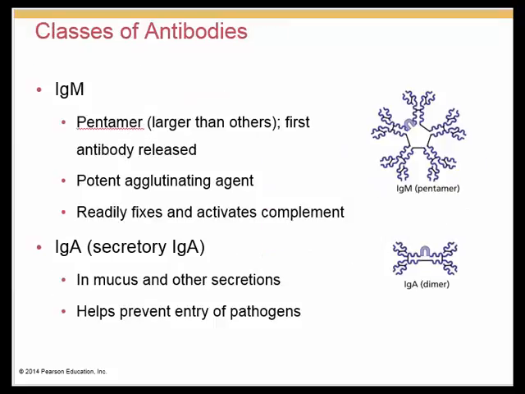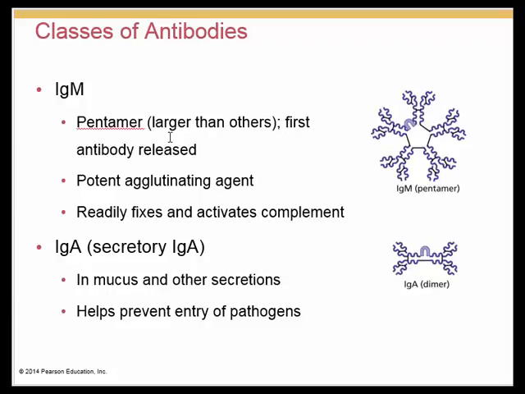Let's talk very briefly about the 5 different types, where they are, when they're created. IgM, which is the pentamer, is the largest out of all of them. That is actually the first antibody to be released in a primary immune response. All the images they showed before, they just made it simple and showed you the monomer, but it's actually IgM, the pentamer, that's thrown out in gobs at the very beginning of a primary immune response.